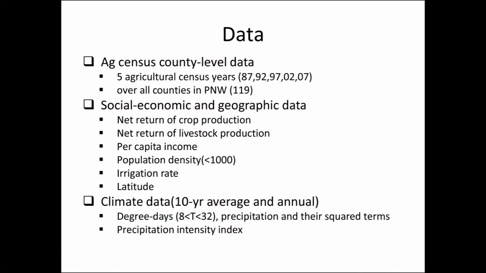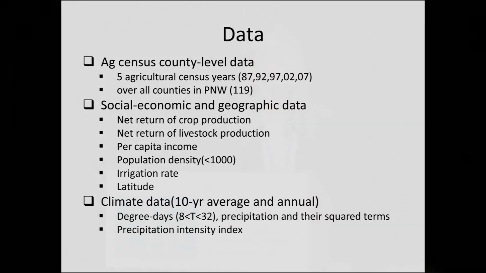One is 10-year averaged aggregated data, and another one is annual climate data, because we want to see how the aggregation may affect land use shares. And we also include some socioeconomic data like the land returns, per capita income, population density, etc.